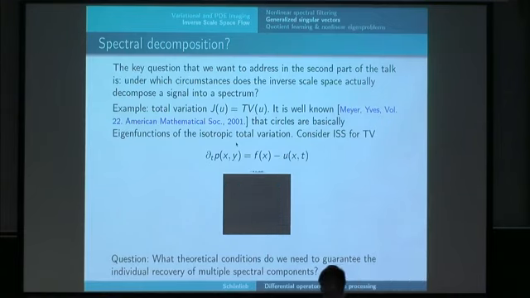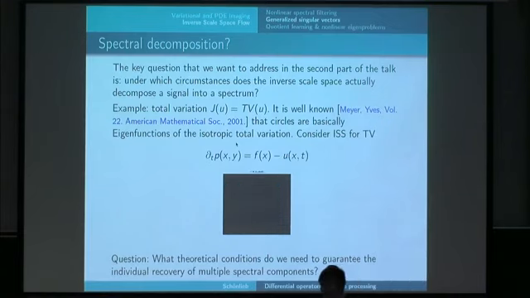We want to do this really for problems also where we have a forward operator involved. Up to now, what I'm showing you here is without a forward operator, but we want to do this with a forward operator for various reasons, because they appear in image processing a lot.